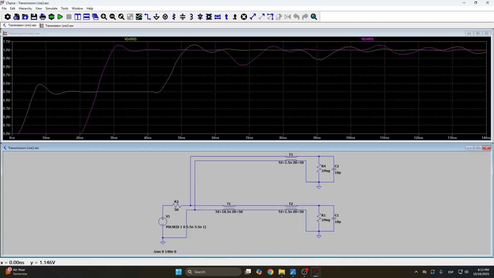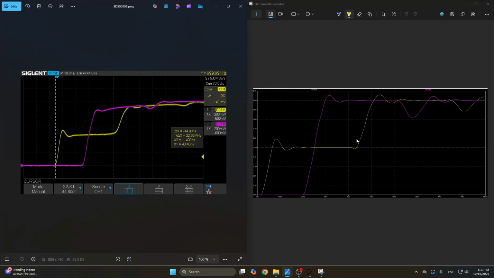Okay, so I'm going to put this image side by side with a screenshot of the oscilloscope. To make things easier to compare, I actually realized that I can change the color of the lines in LTspice. So I had them match the same colors that we are getting from the oscilloscope.